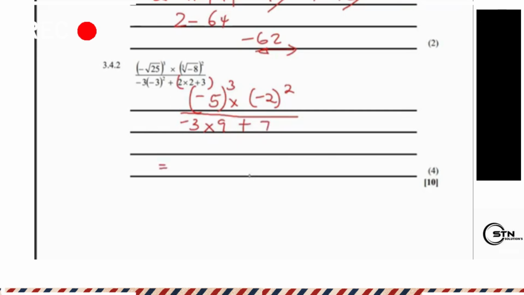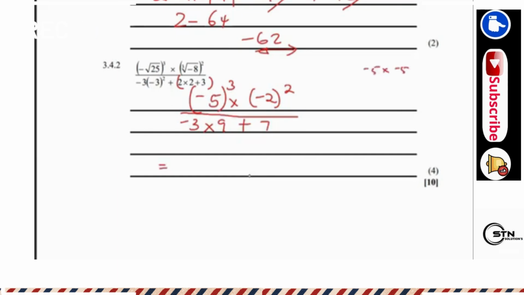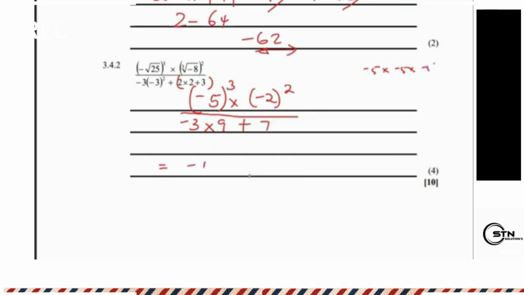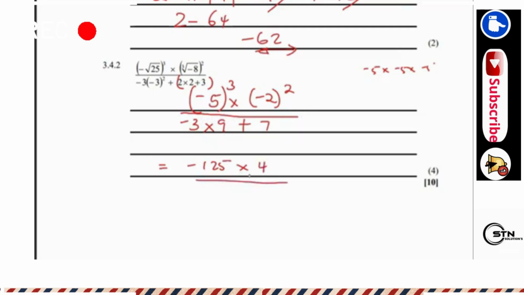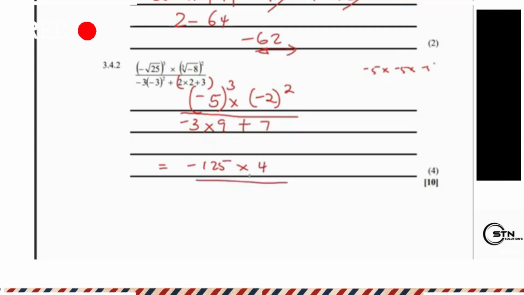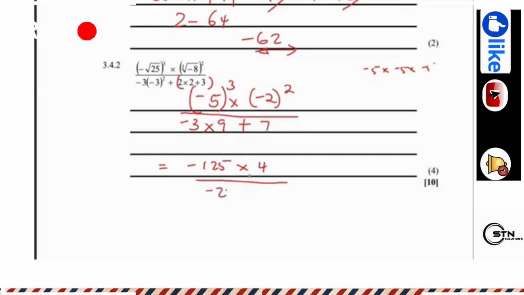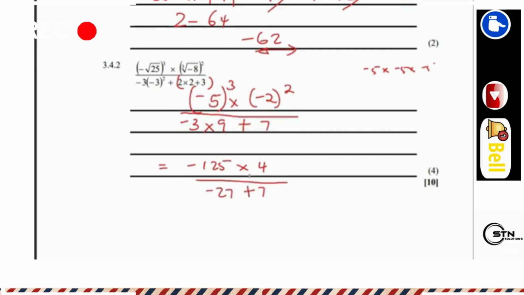Okay, then come down. We know that -5 cubed is the same as -5 times -5 times -5, which is -125. Then -2 times -2, that's a +4, over -3 times this is going to be -27 plus 7.